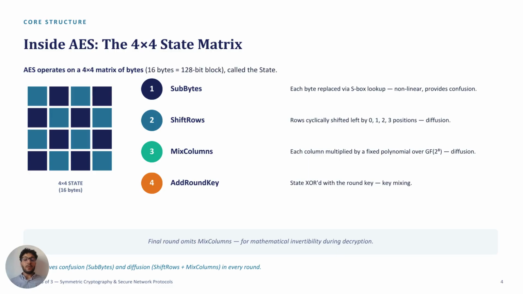This creates strong inter-byte diffusion. Finally, AddRoundKey XORs the state with the 128-bit round key derived from the AES key schedule. After 10 rounds of this, even a single bit change in the plaintext results in a completely different ciphertext.